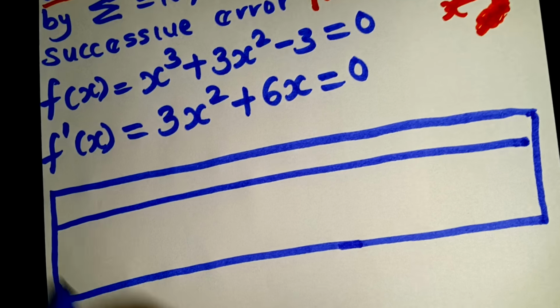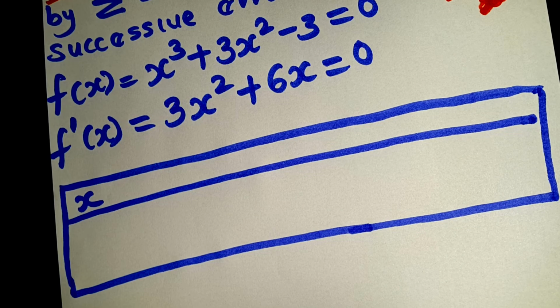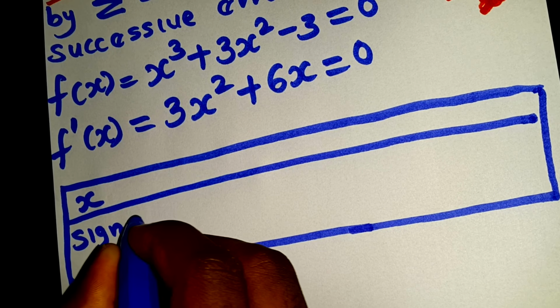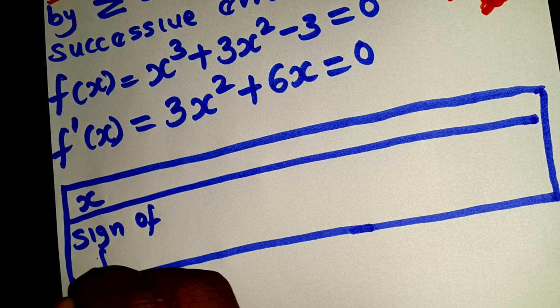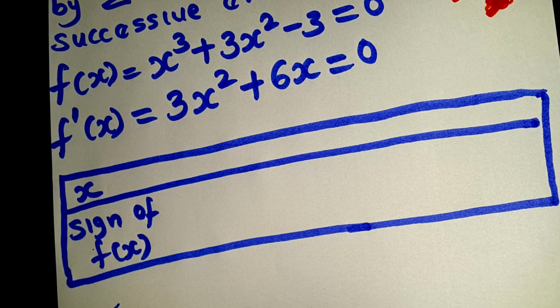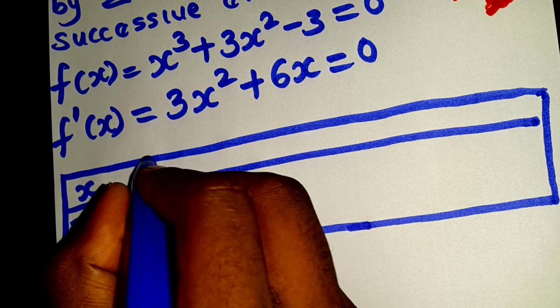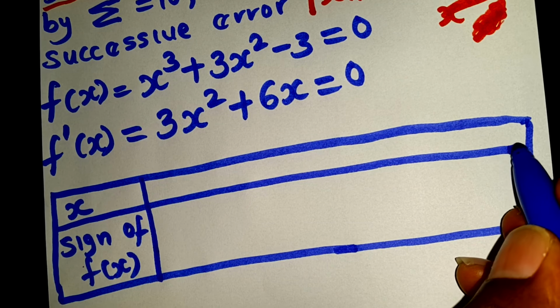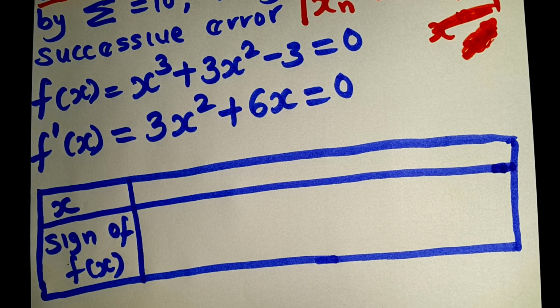we have x, we have the sign of our function. Some people start from minus 5, minus 4.